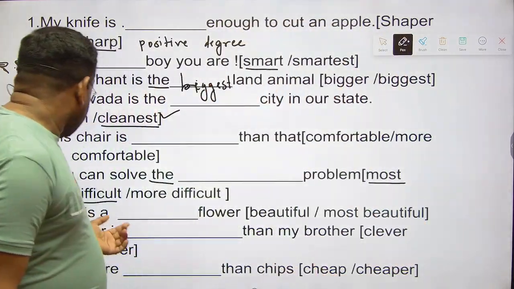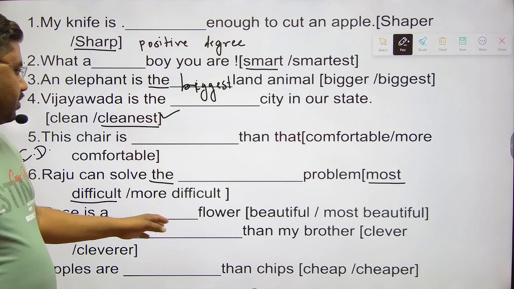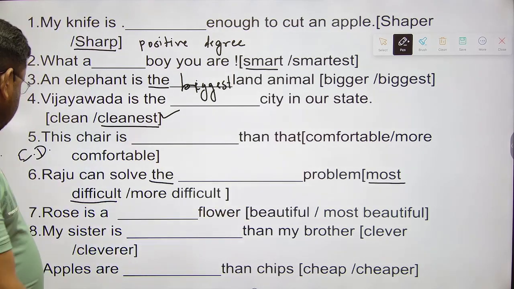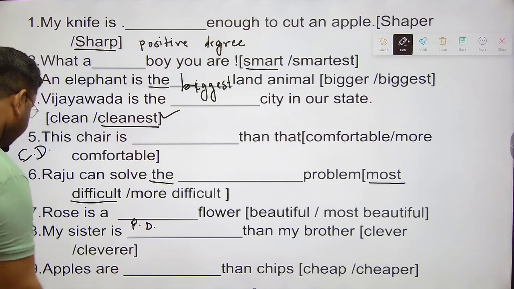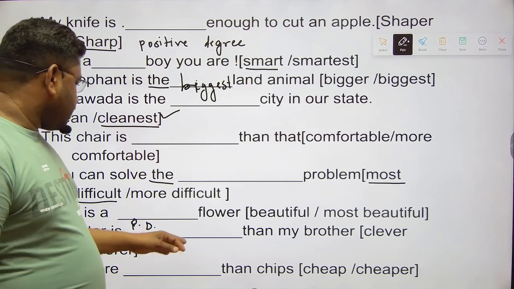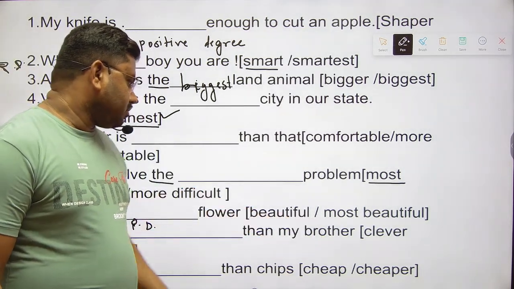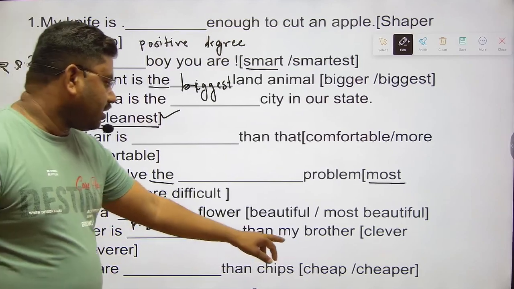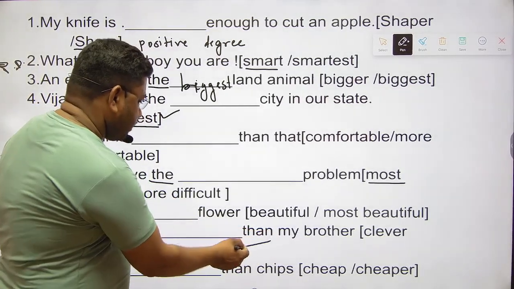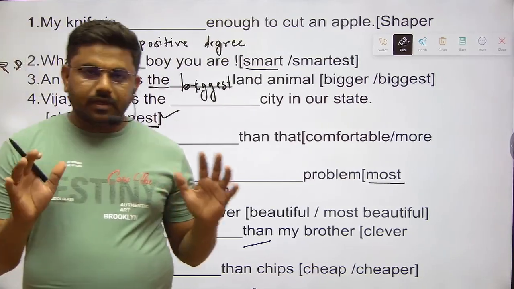Now see, rose is a beautiful flower, which is the positive degree. My sister is dash than my brother. Clever or cleverer? Then this word came, which means it is from the comparative degree.